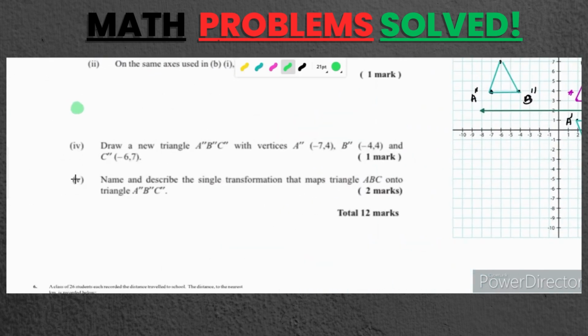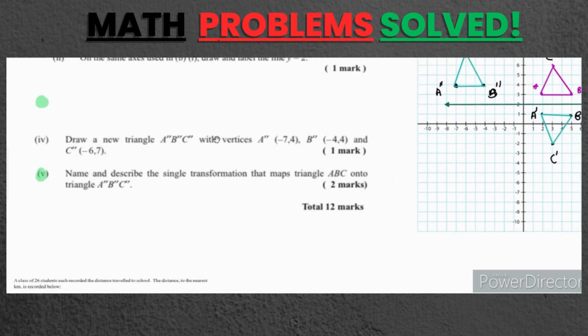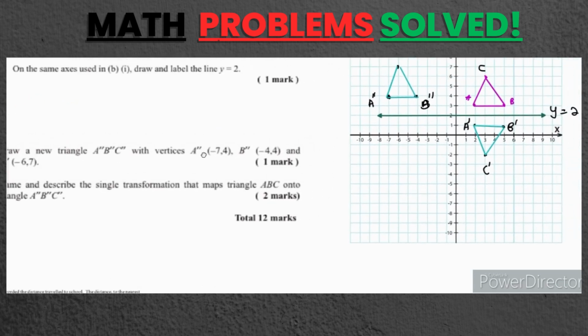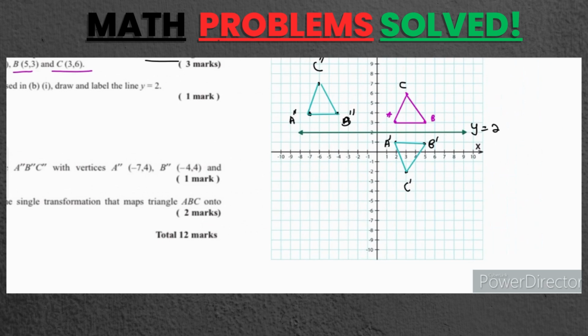Then what's the fifth one? Name and describe the single transformation that maps triangle ABC onto triangle A double prime, B double prime, C double prime. So we have to see what's the transformation here. A is moved, how many points to the left?